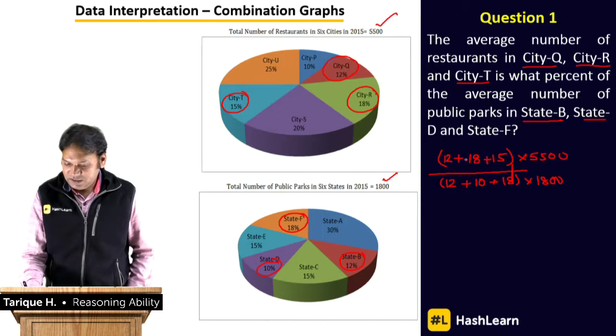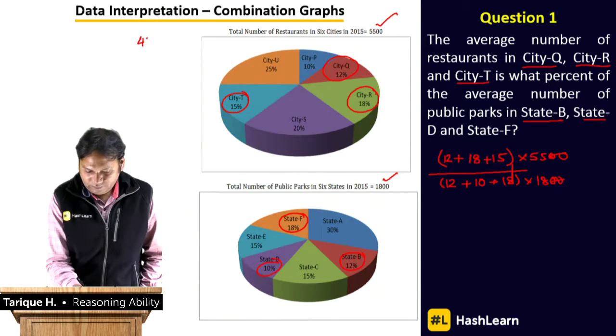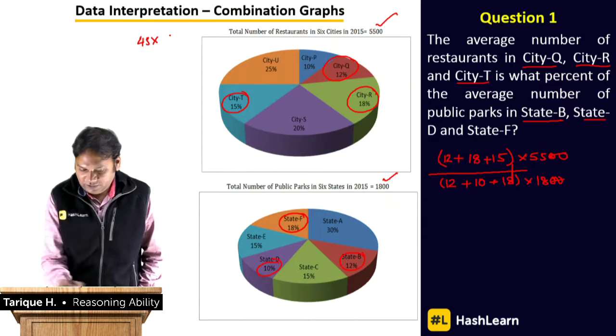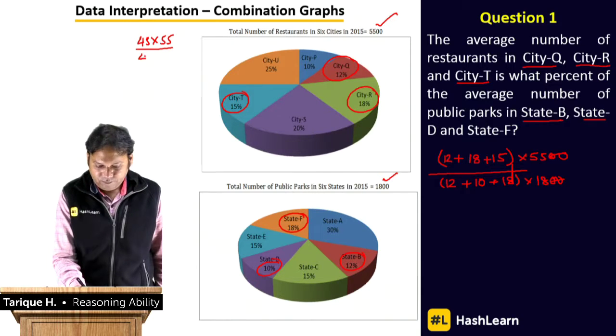So let's do this. 12 plus 18, 30, 30 plus 15, 45. Zeros will get cancelled here. So what we're getting here is 45 into 55 divided by 12 plus 18, 30, plus 10, 40, into 18, and we are finding percentage, so we'll multiply with 100 here.